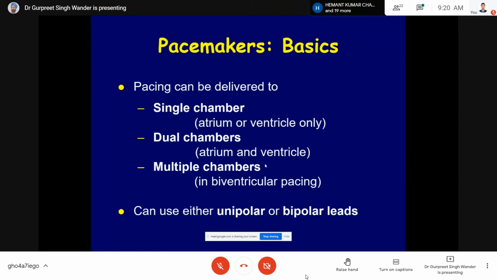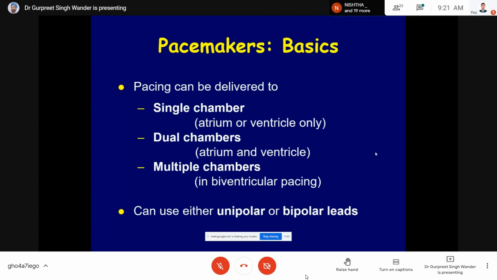So over 5 to 10 years, again, the heart pumping would decrease. And so biventricular pacemakers were designed, in which there are now 3 leads. One paces the right atrium. Second, paces the right ventricle. And the third, through the coronary sinus, goes to the left ventricle and paces the left ventricle also. So we are pacing the right ventricle and the left ventricle both.